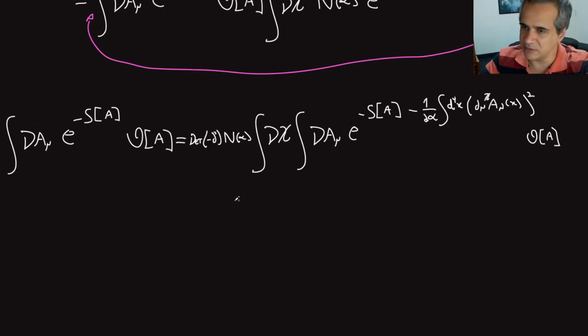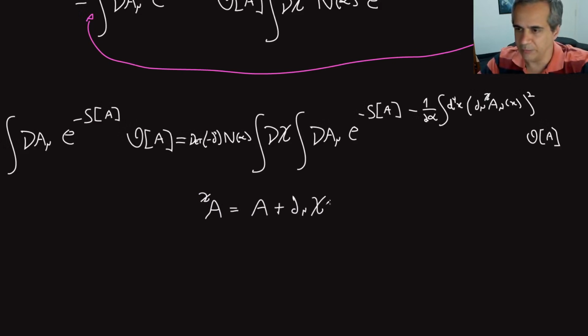And here comes the nicest part of it. We have defined A_χ as A plus ∂_μ χ. And we can change between these two variables in the path integration just by doing gauge transformations. I can do it in this direction or in this one, going back to the original point of the orbit.